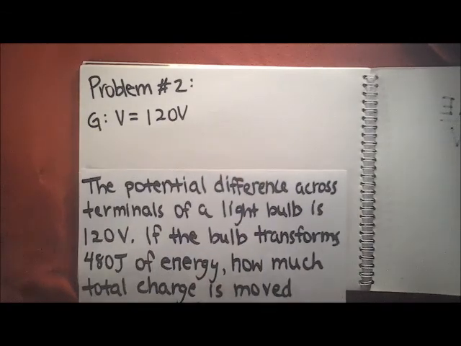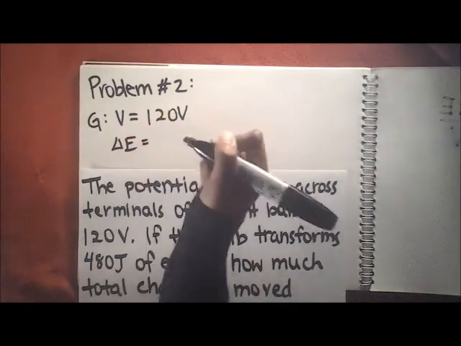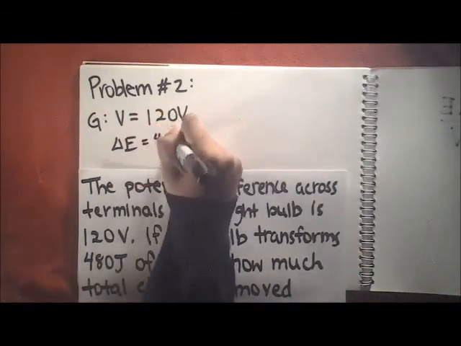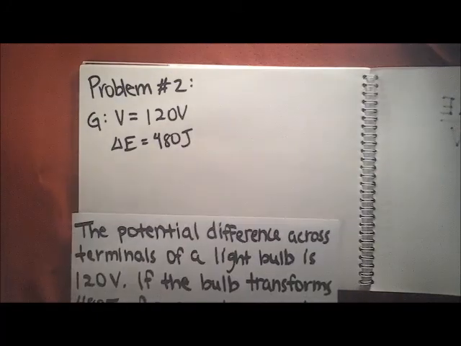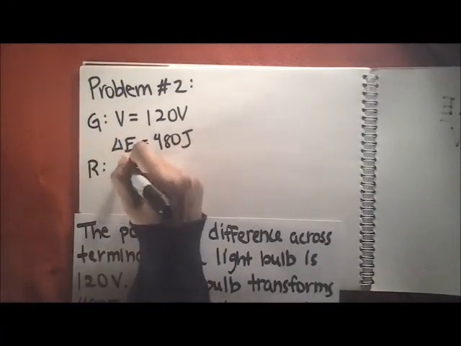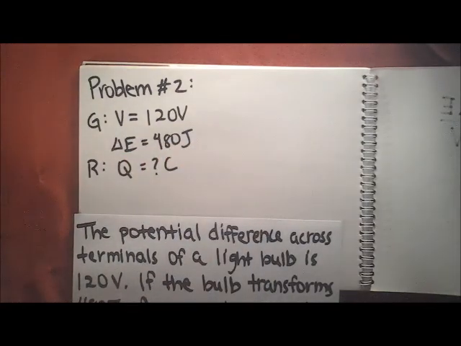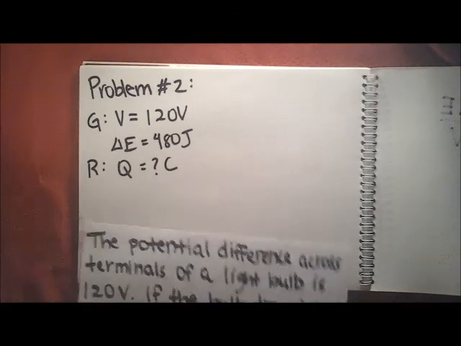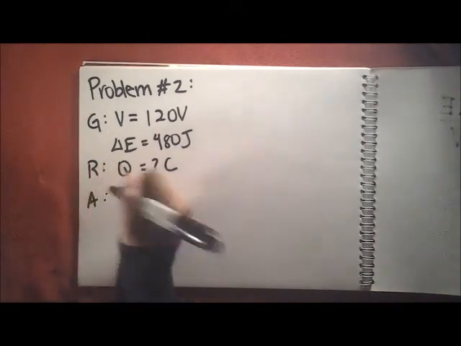In this problem, we can see that voltage is given to us at 120 volts, or joules per coulombs, as well as energy at 480 joules. Next, we write what is required, which in this problem is charge, or Q, measured in coulombs.